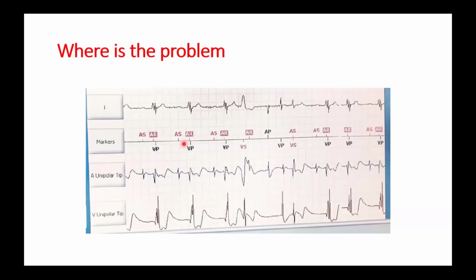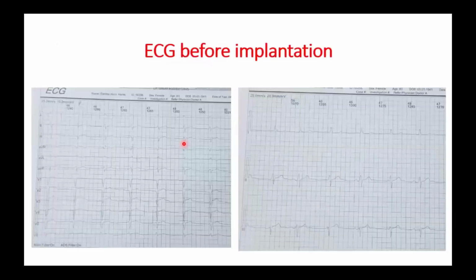This is the final case, and it is a very interesting case. This was a 55-year-old female patient who had recurrent dizziness with exertion. Here are 2 ECGs from before implantation.